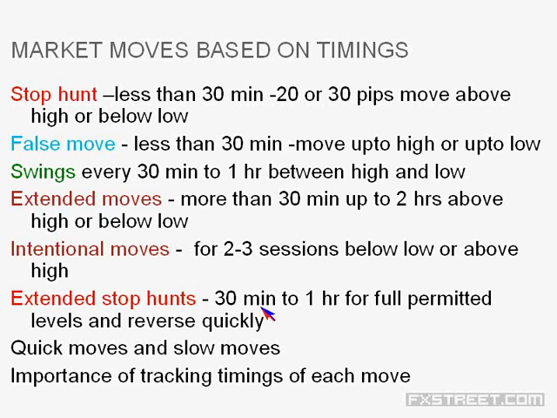This is the type of move which can happen for 30 minutes to 1 hour, and it will be for the entire permitted limitation given. So they can quickly rise euro for about 150 pips and reverse within 30 minutes or 1 hour. Just telling that there was a rumor, and it has been confirmed it was only a rumor, but they would have hit all the stops and gone the opposite way very quickly.